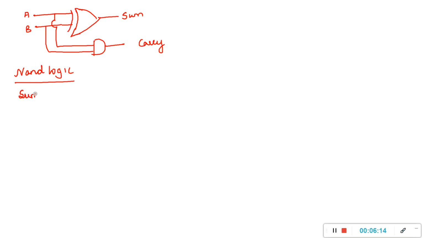What is sum equal to? First write sum is equal to A B bar plus A bar B. This is the sum expression. Here we can also rewrite this as A B bar plus A A bar. What is A into A bar? It is nothing but 0. We can also write that. Rewrite this as A bar B plus B B bar.